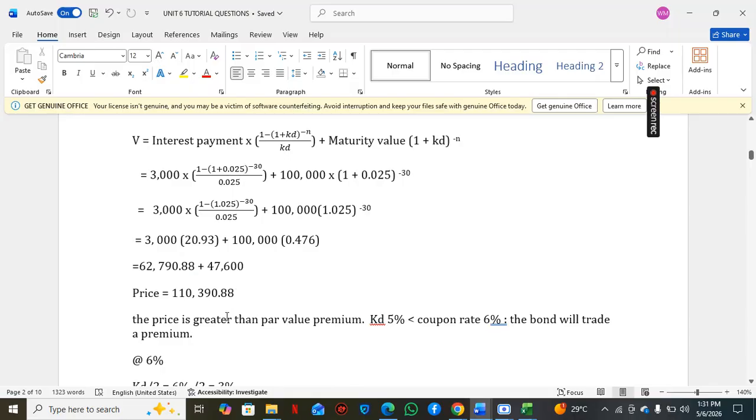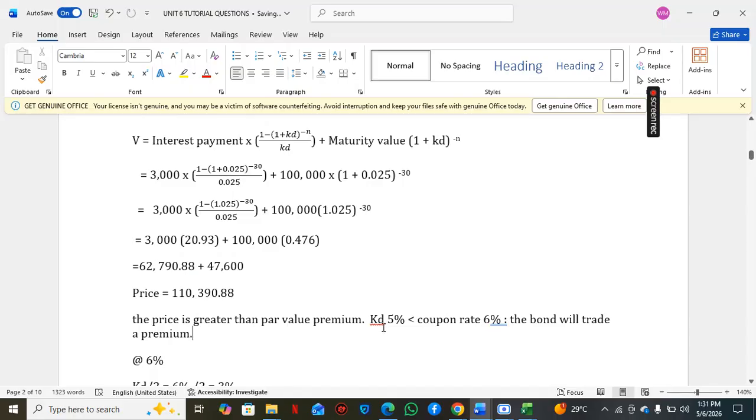And also another thing you need to remember, if the interest rate is greater than the required rate of return, the bond will always trade at a premium.